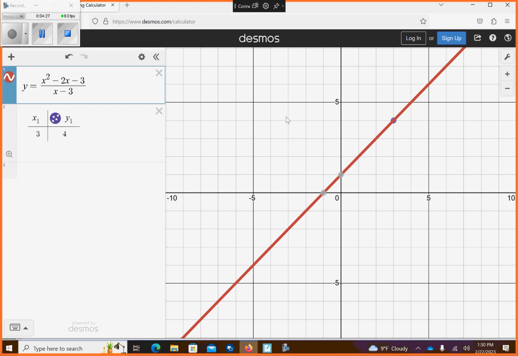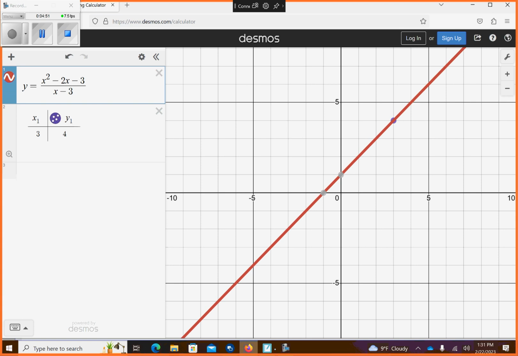And so our limit on this particular problem, as we approach 3, because 3 on our original equation, 3 minus 3 gives us a 0 in the denominator. A 0 in the denominator can't exist. So we are saying, what am I approaching? How am I getting to it?